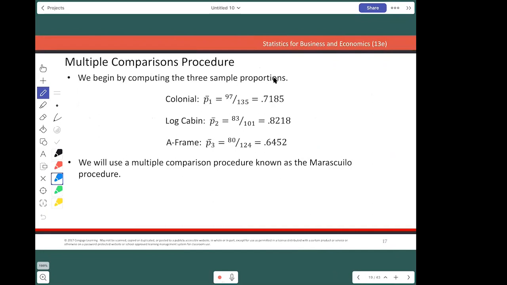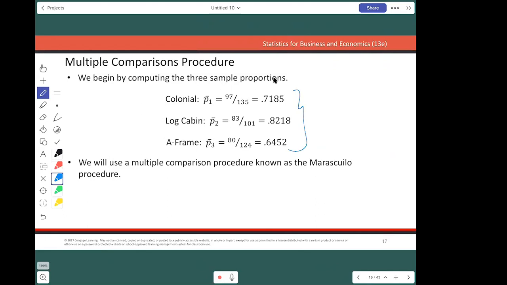We can't just look at them and say, oh, that one seems to be the one that is furthest away. We have to find out which one is different from the others the most. So we have a procedure where we do the following. First we calculate the sample proportions, right here. 97 over 135, 83 over 101, 80 over 124.